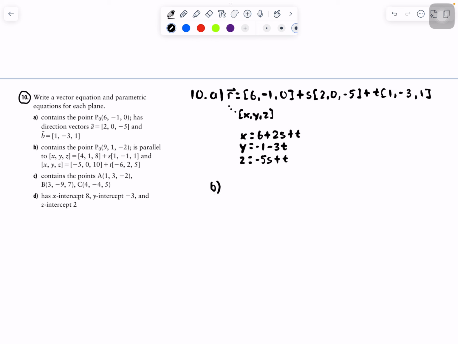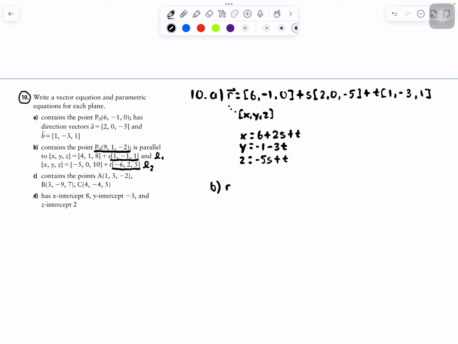Contains the point P naught, is parallel to this line L1, call it, and this other line L2. Well, line 1 and line 2, they have their own unique direction vectors, which will be this guy and this guy. So we can take those two direction vectors, use them for our equation of the plane, and then use the known point to give the full equation.